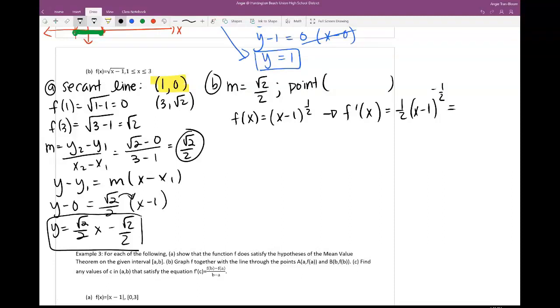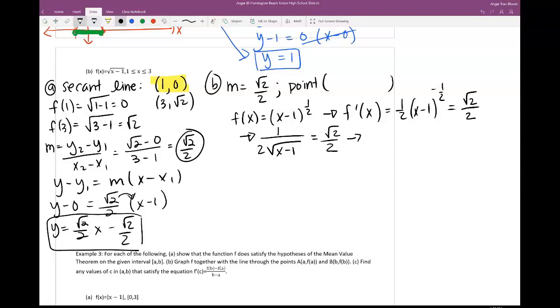I will set this equal to the slope because I need to find the location of x where the slope is rad 2 over 2. So the next step I'm going to do is write the negative exponent as a positive exponent, or in this case really a radical. Okay, so 1 over 2 radical x minus 1. Set that equal to rad 2 over 2. Okay, so now I can cross multiply.